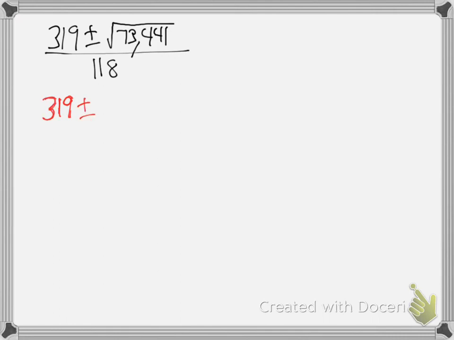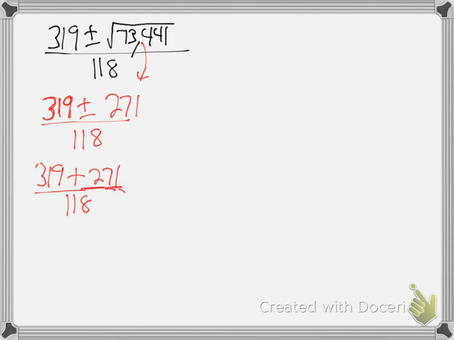All right, so now if we hit the square root button on our calculator, the square root of it comes out to be 271. That's nice. It makes us think, okay, maybe we're on the right track. Now we do the two options, right? When the square root disappears, remember we always do the two options. 319 plus 271 and 319 minus 271 over 118. I'm getting 590 over 118, which is 5.